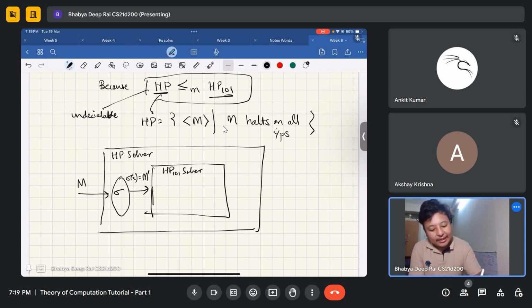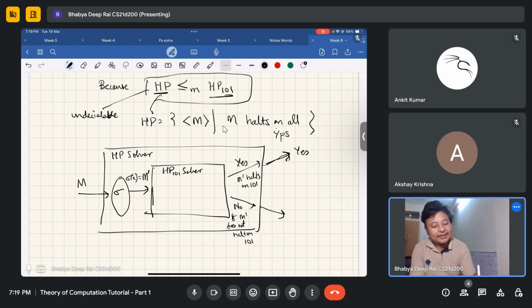The HP101 solver should say yes if M prime halts on 101, and no if M prime does not halt on 101. If it says yes, the whole thing should say yes; if it says no, it should say no. This outside yes or no is for the bigger box, the HP solver.